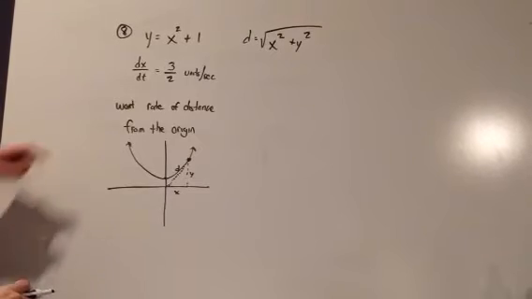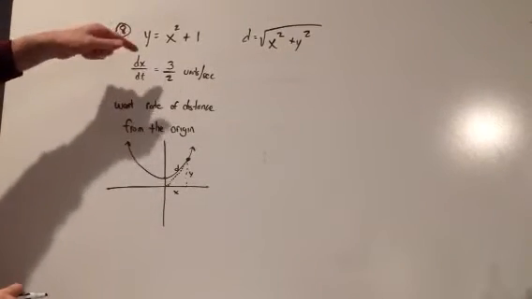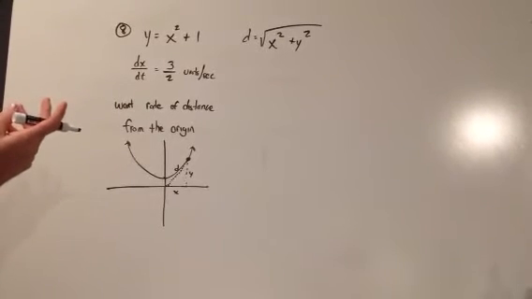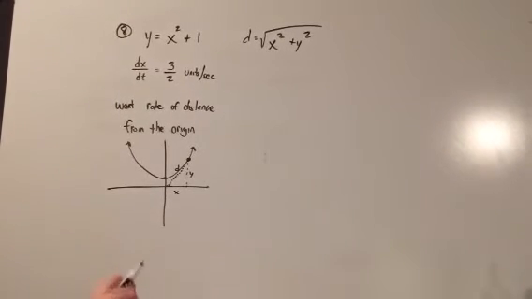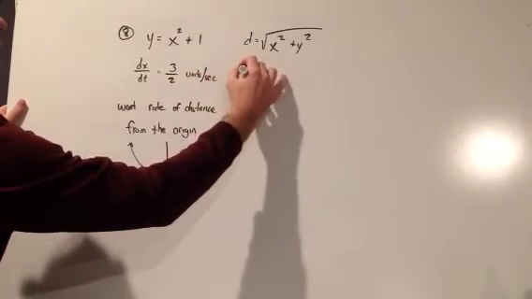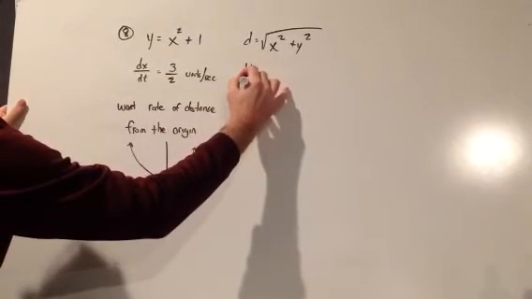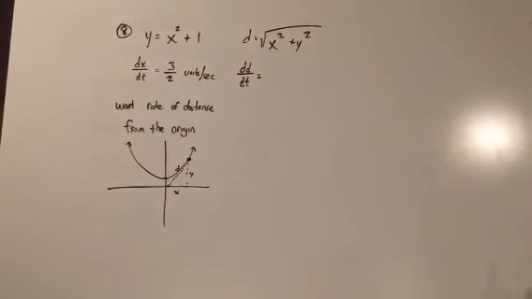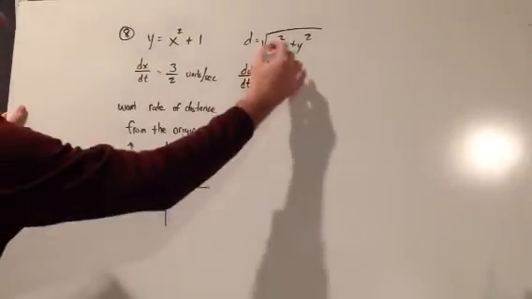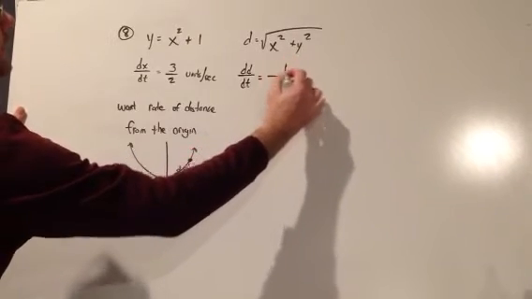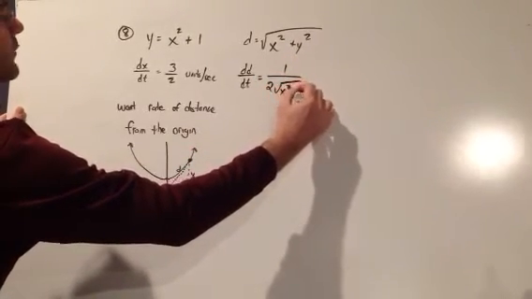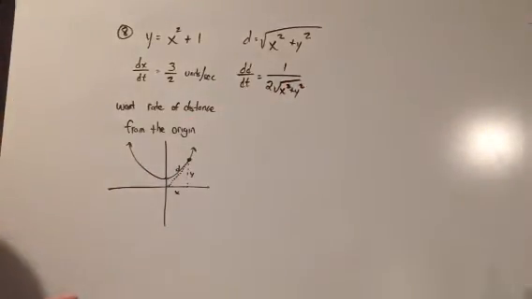That's an equation now that relates what we want and what we know. Well, we want the rate, so we want the derivative of that. So, the derivative of d in terms of time. This is one of our related rates problems. The derivative of the square root is 1 over 2 square root of x squared plus y squared.